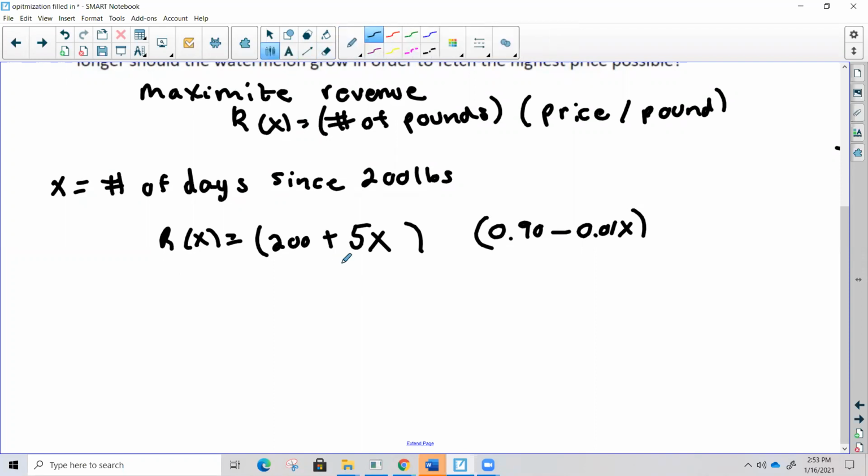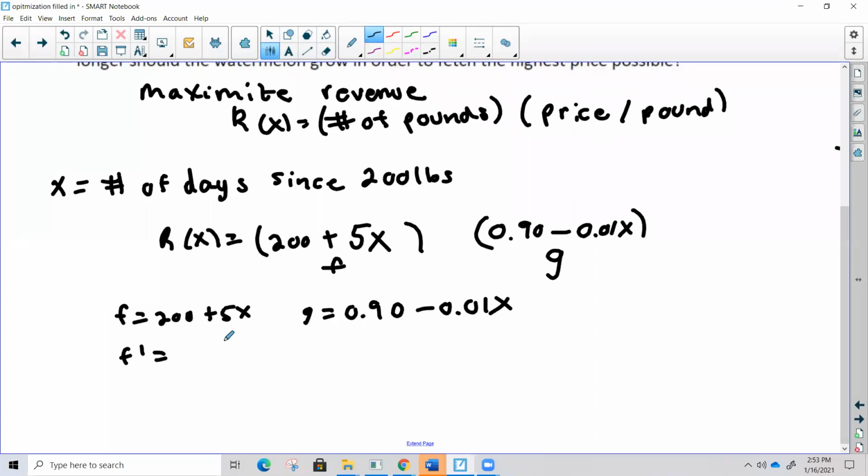So this is my F and this is my G. And then I'm going to take the derivative of both of them. The derivative of 200 plus 5x is just 5, because 200 is 0 and 5x is 5. The derivative of g, 0.90 minus 0.01x, is negative 0.01.